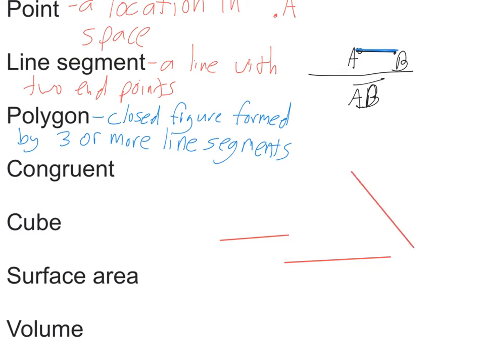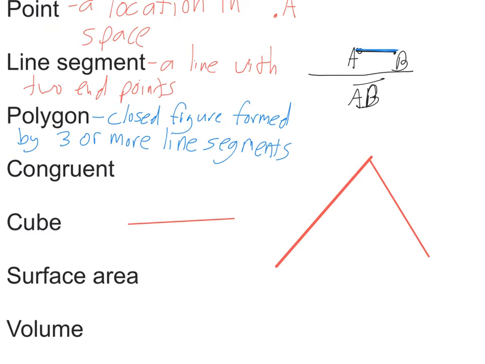I can make them longer and shorter, and this should obviously form a triangle. But if I have just two, I can't really have a closed shape, because when I close it, I'm just overlapping the line, and that creates just a line, not a polygon. So you have to have a closed figure formed by three or more line segments. It takes three of them to close it off. This is not a polygon, but once you close it, you have a polygon.